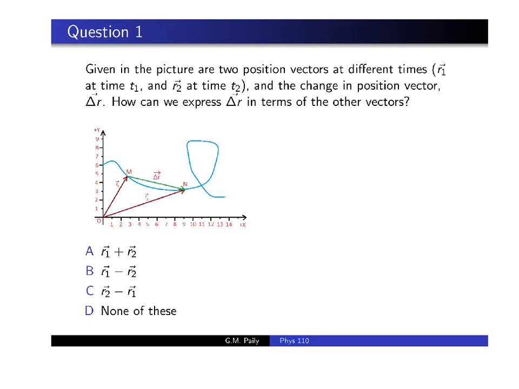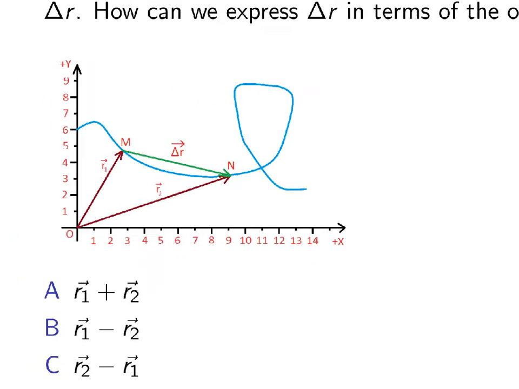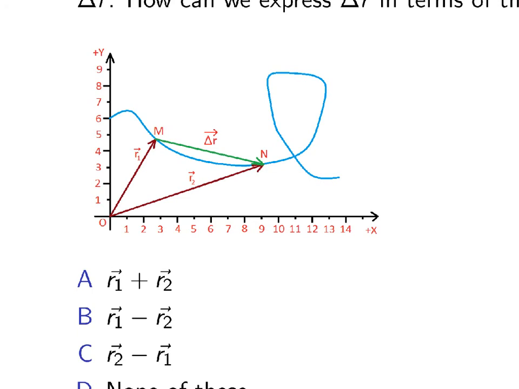To help you out, I have marked the points O, M, and N. We are looking for an expression for delta r. The effect of delta r is to go from M to N. So think about this question.